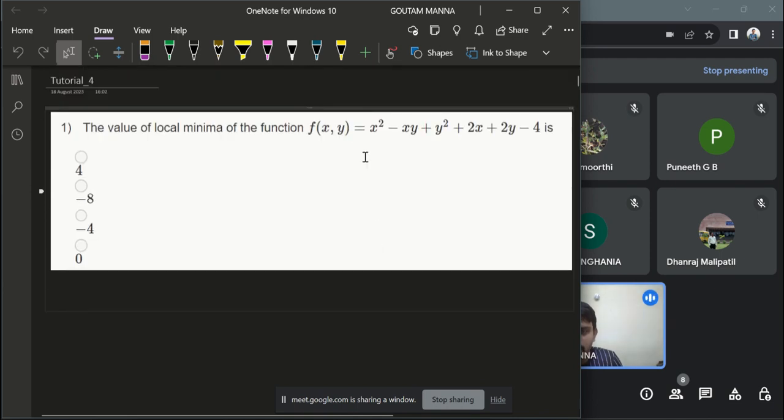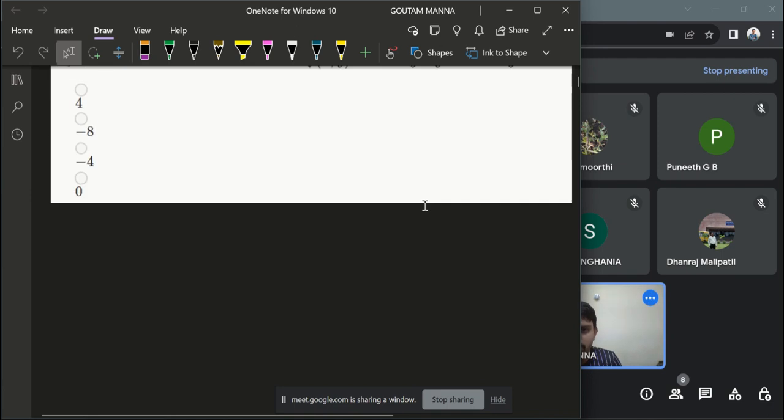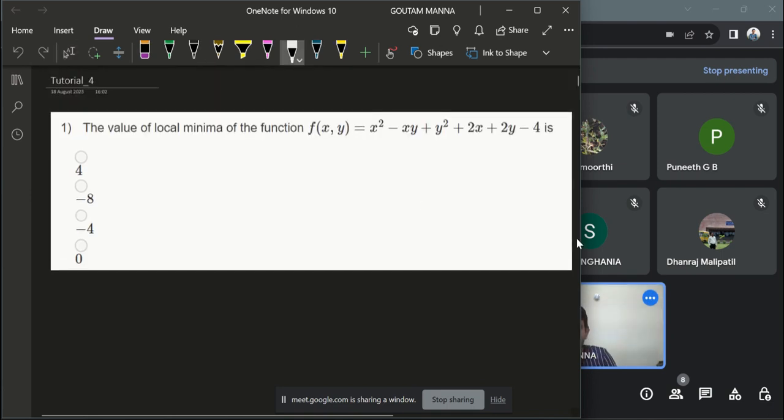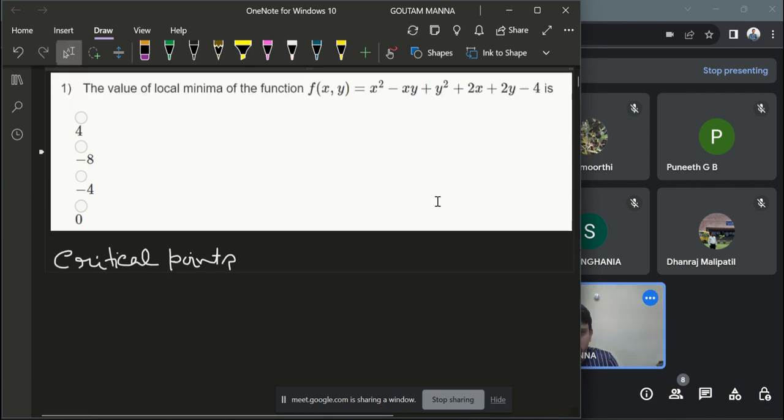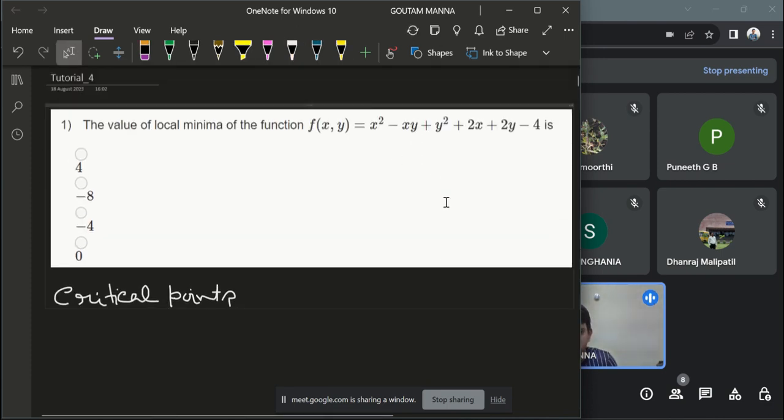For that we first need to find the critical points of this function. It has two independent variables.